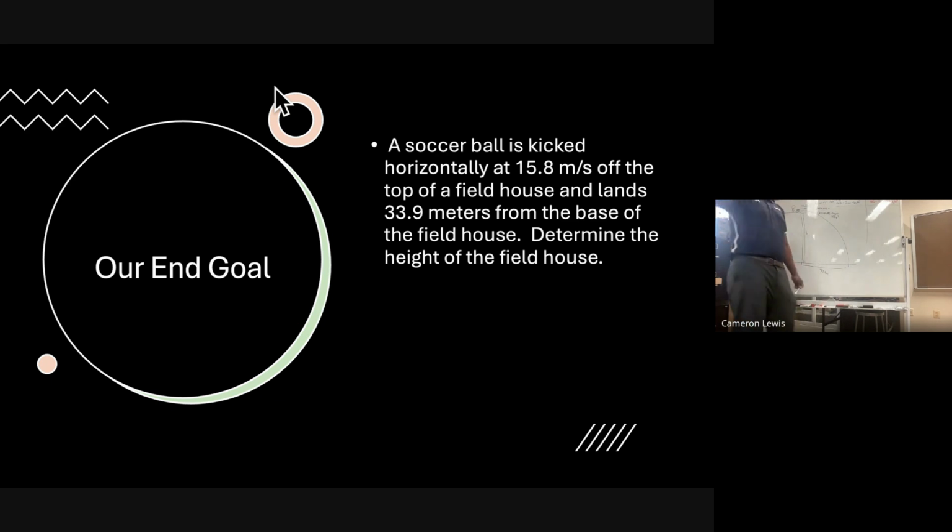And that's in what direction? Up to down. So that would be my vertical, my y. So now I can assume that my acceleration in my y is equal to gravity, which is how much? 9.8. Good.